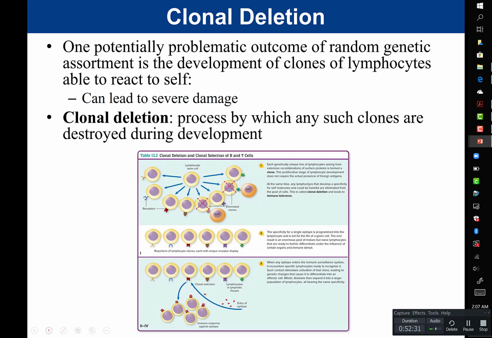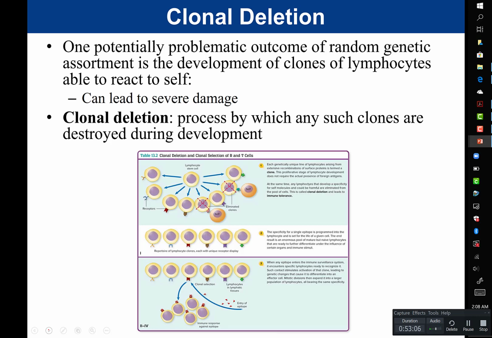Now, one potentially problematic outcome of random genetic assortment is the development of clones of lymphocytes that have the ability to react to self. Those receptors are going to be random, right? It's not anything particular that is being recognized. And so an important part of the immune system, in addition to clonal selection and clonal expansion, is clonal deletion.